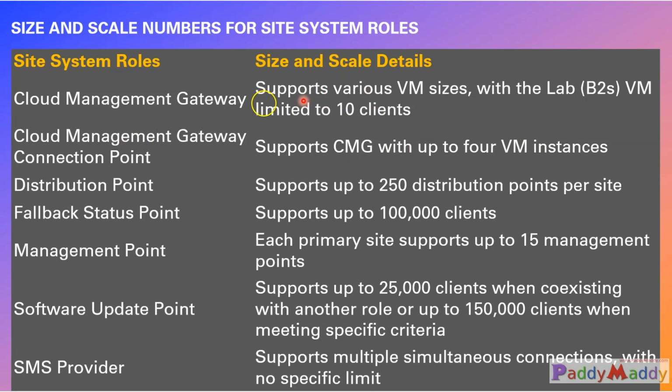That way you should scale in the Azure cloud, because in the backend the cloud management gateway is nothing but a VM that gets deployed in Azure. So you have to consider what kind of VM scale to use.